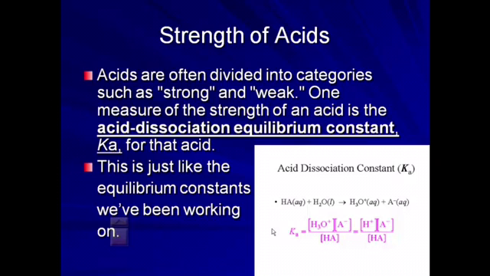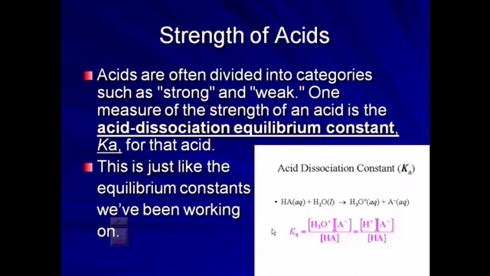So starting in Chapter 16, Section 5, it's all about strengths of acids. It says acids are often divided into categories such as strong and weak. One measure of the strength of an acid is its acid dissociation equilibrium constant, or Ka.